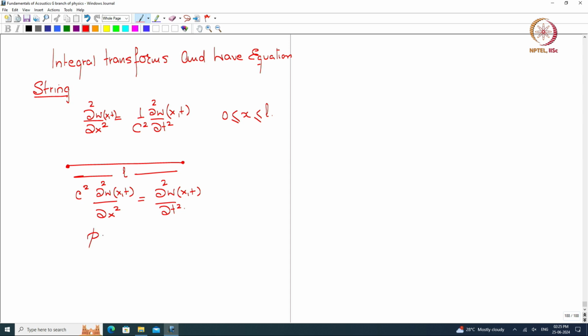Now we take a transform of the independent variable. So we say P is equal to x pi over L, let's call this 1.